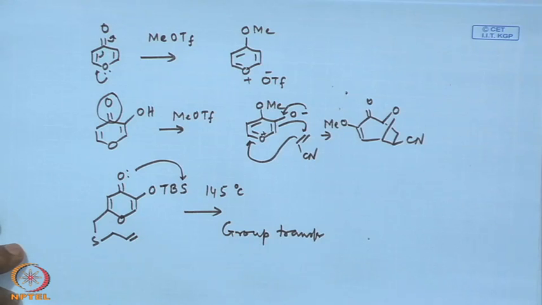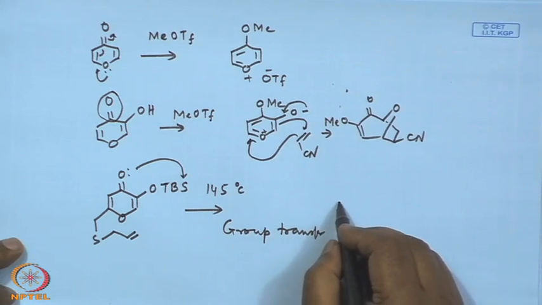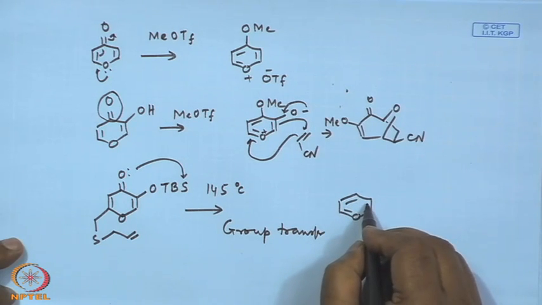What is it? Migration from carbon to oxygen. Here it is actually oxygen to oxygen. Am I right? Okay.